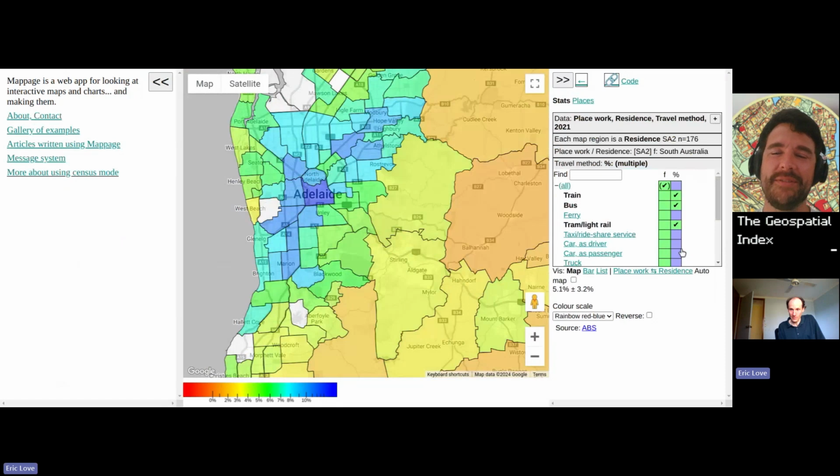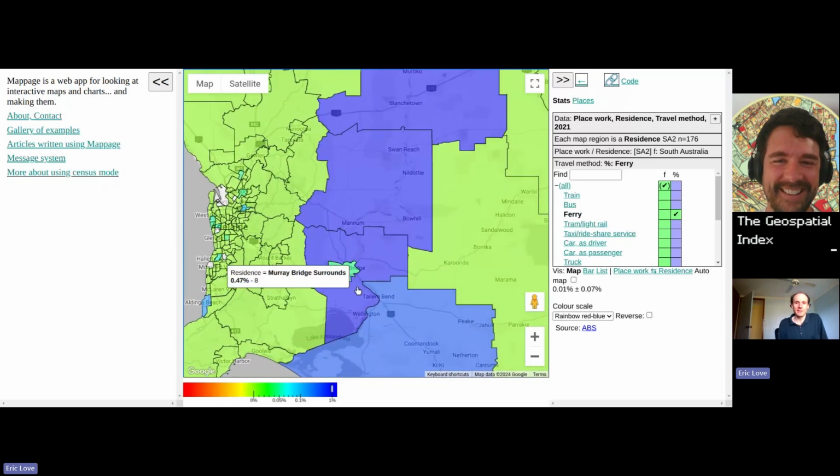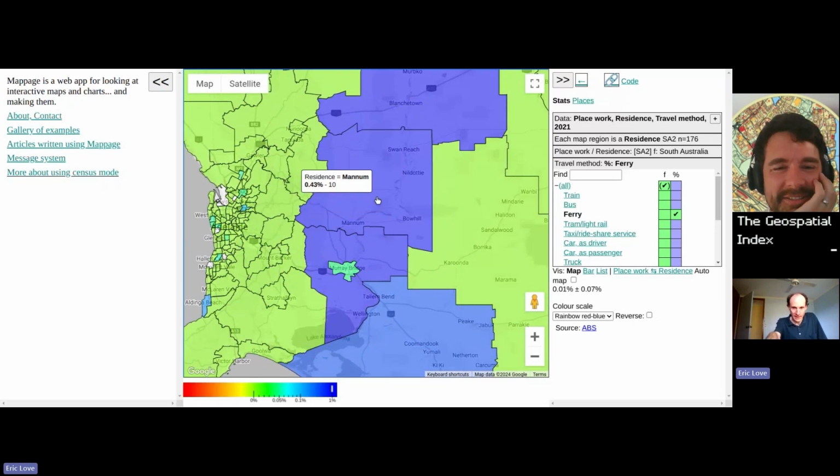Awesome. Hang on, you have to show us the ferry one. Surely there's nobody that catches the ferry. Well, there's a ferry that crosses the River Murray. So interestingly, the numbers are small, there's only 10 in Mannum, only 8 there, but still, we have these ferries that cross the river at places where they couldn't build a bridge.